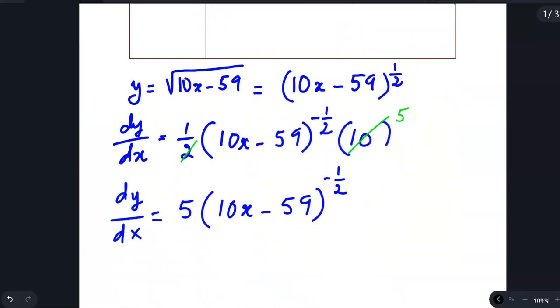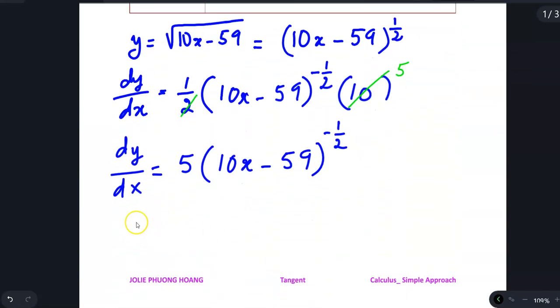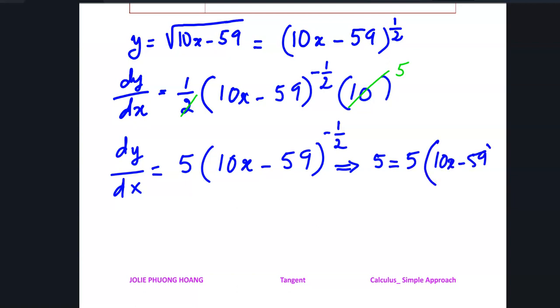So what I'm going to do at this point is substitute the value of 5 into this equation. Okay, so where is that dy over dx? I will write it as 5 equal to 5 times (10x minus 59) raised to the exponent negative a half.